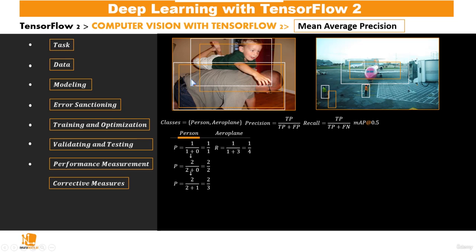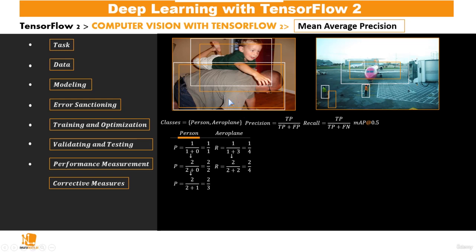So we're supposing that this person here, this person, and this person haven't yet been detected as person objects. So for now we have 1, 2, 3 persons who haven't been detected, so we have 3 false negatives. That's why we have 1 true positive, which is this, divided by 1 plus 3, which is 1 over 4. We move to the next person.